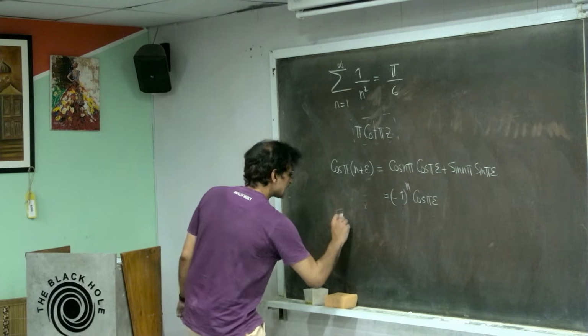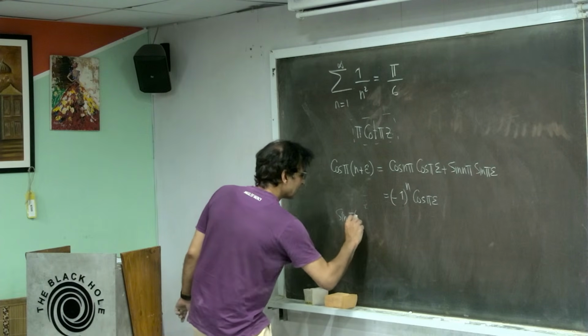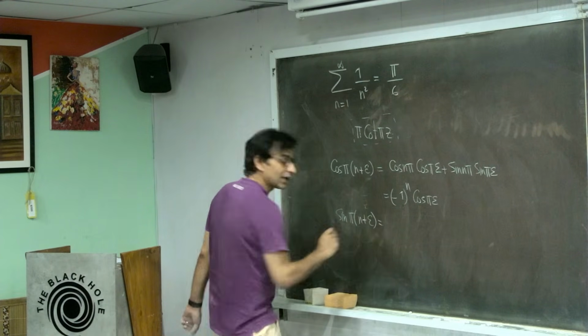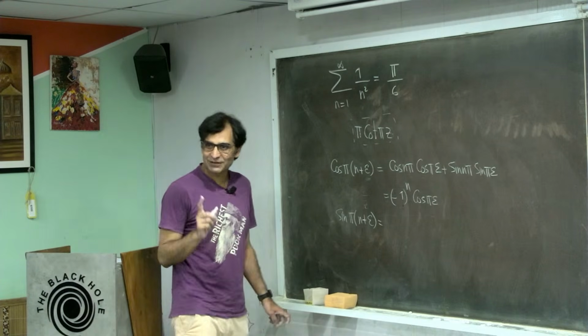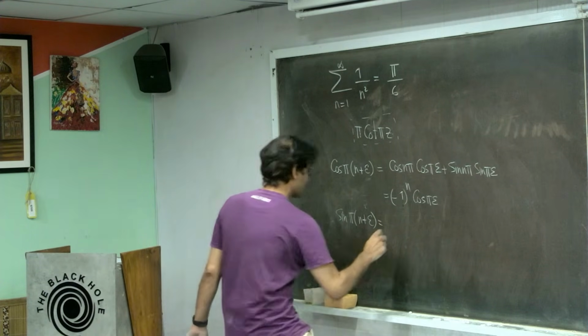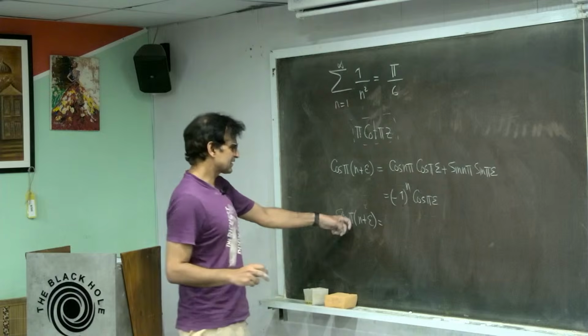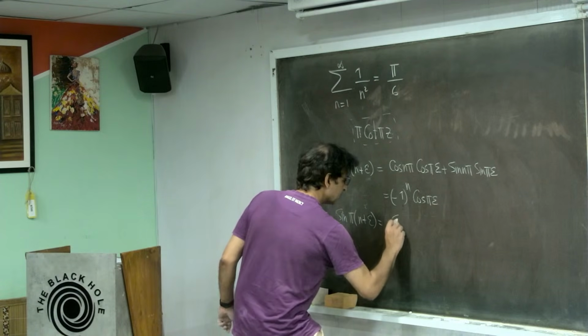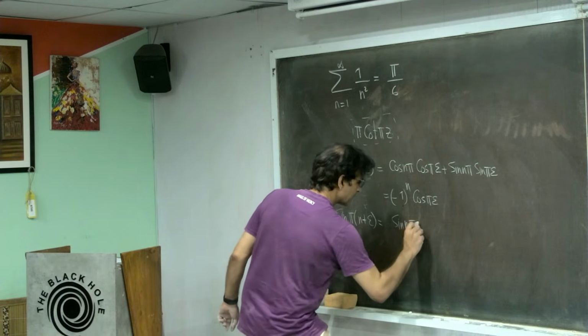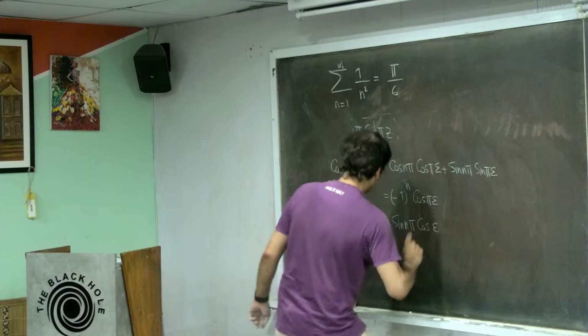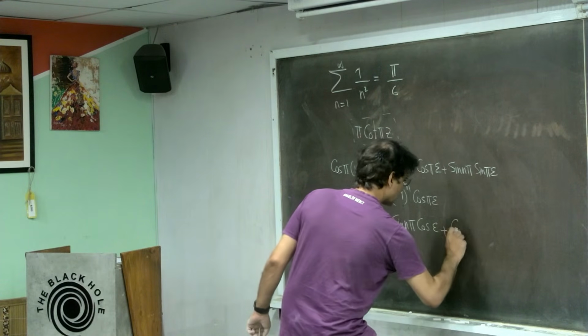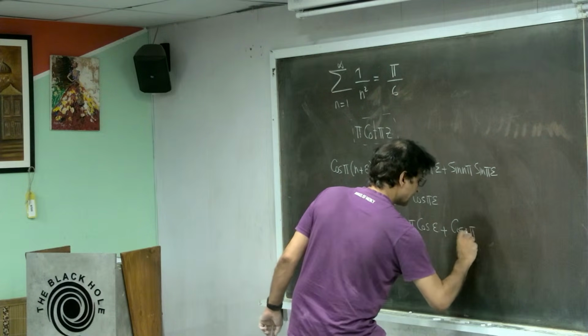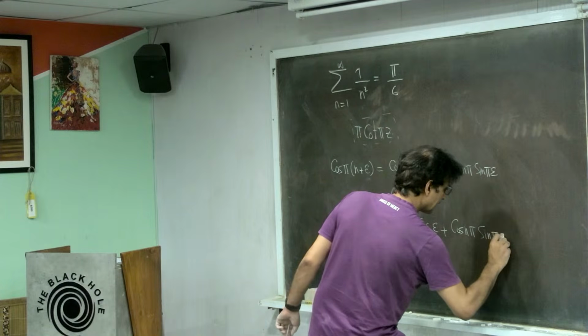Similarly, you can write sin pi of n plus epsilon. I took a small variation intentionally, and then you can write it as sin n pi cosine epsilon plus cosine n pi sin pi epsilon.